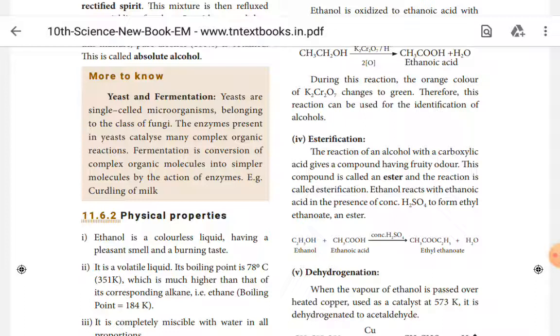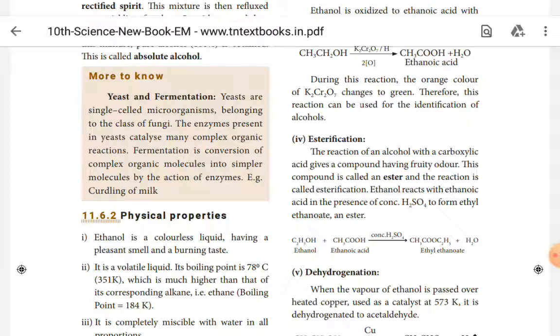Also here one more answer is given. What is yeast? Yeast are single-celled microorganisms belonging to the class of fungi. The enzymes present in yeast catalyze many complex organic reactions. The enzymes present in the yeast are invertase, maltase and zymase.